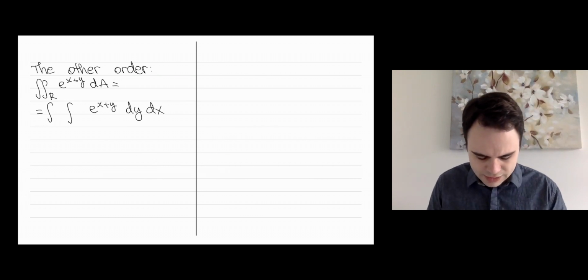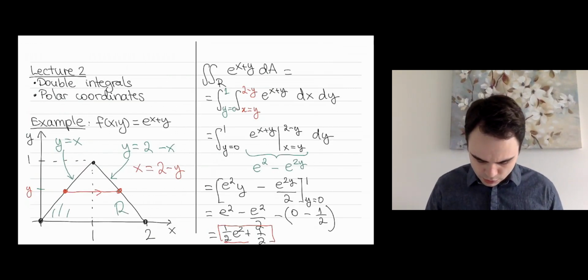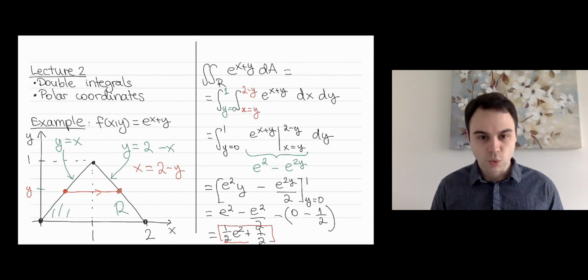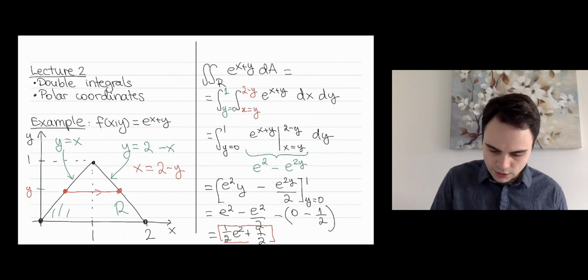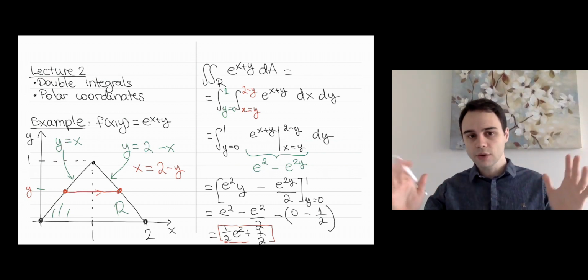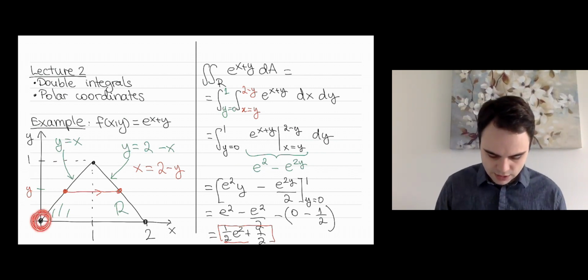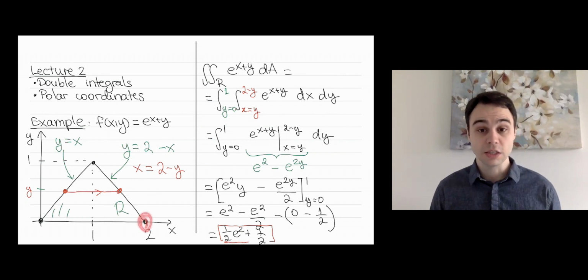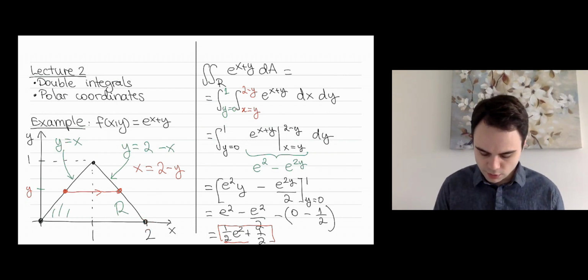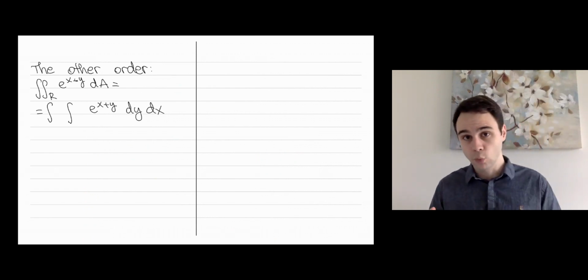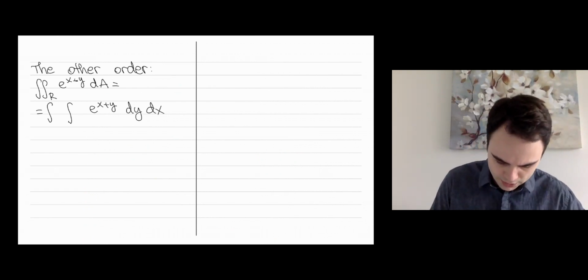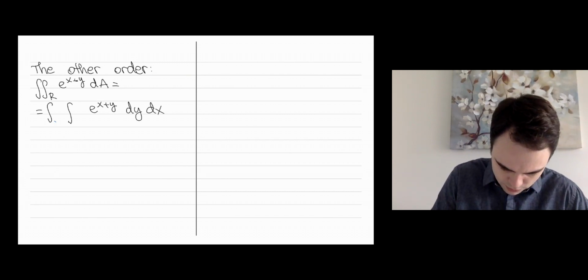So let's see what the bounds are. So first, let's look at x. If we have dx outside, the bounds for x will be the minimum value of x in the whole picture and the maximum value of x in the whole picture. So that would be 0 and 2. So let's start doing it, but I warn you, we'll have to backtrack in a second.